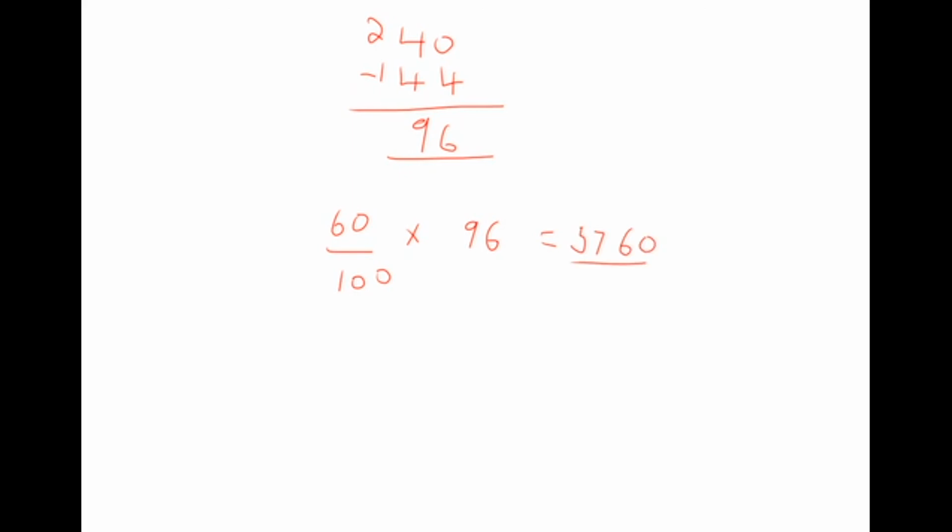5760 divided by 100. Count the number of decimals, 1, 2. So the decimal point is here.